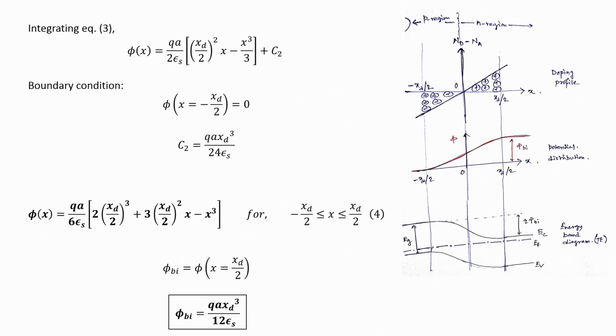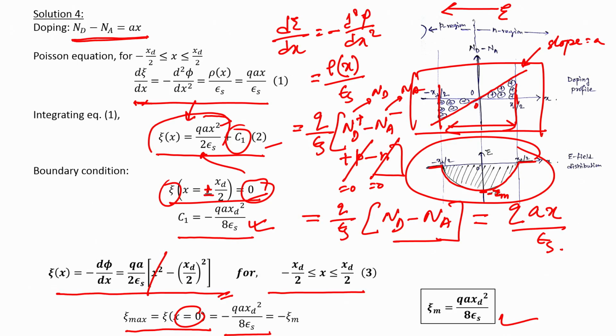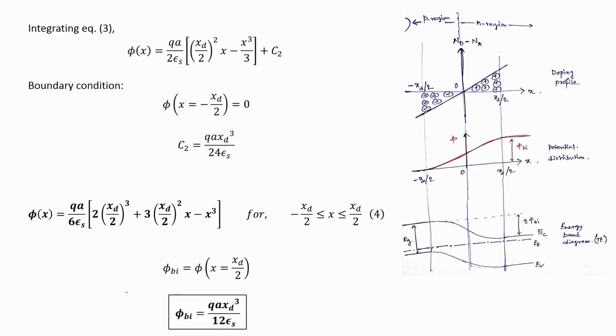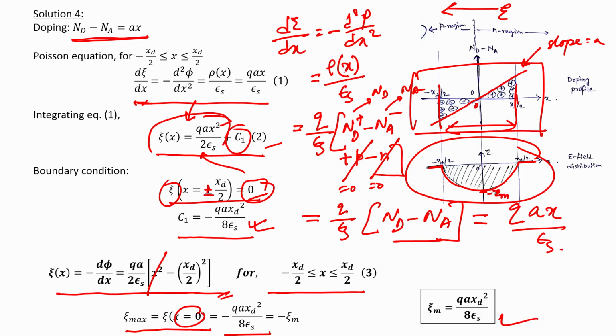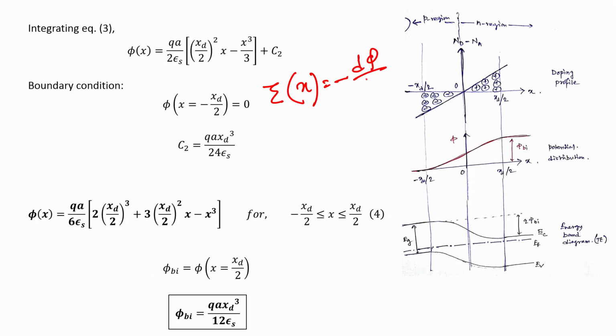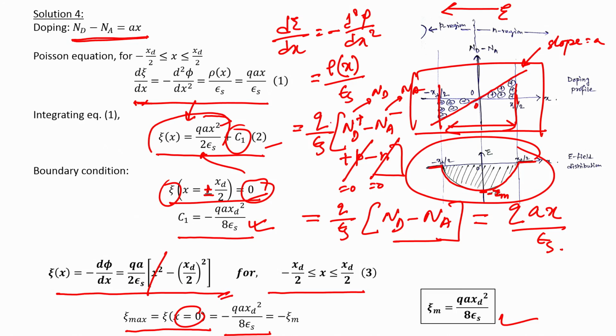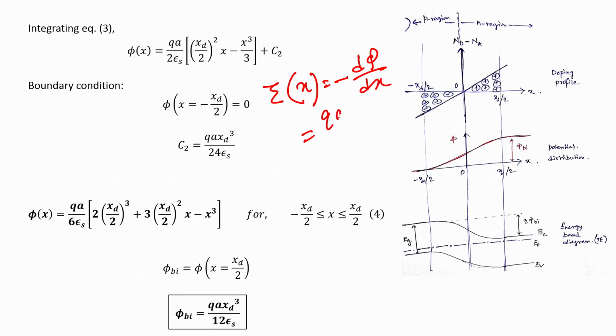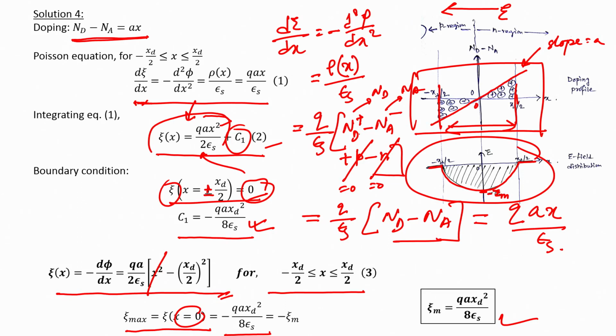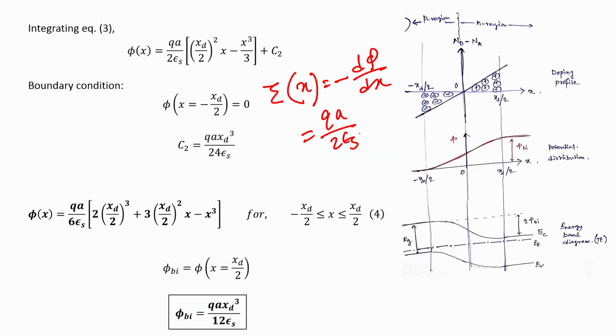Okay. So next you have to integrate that electric field in order to find the potential. This was our electric field, which can be written as minus d phi/dx. Let us write the equation first: qA by 2 epsilon s times (x square minus xd square by 4), sorry.